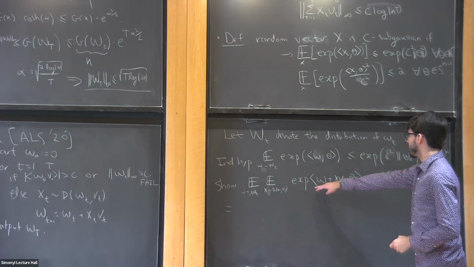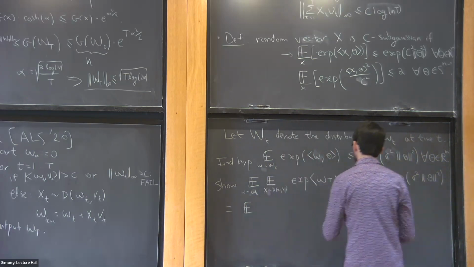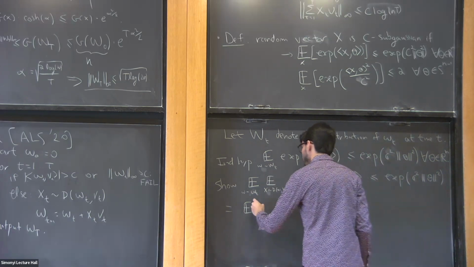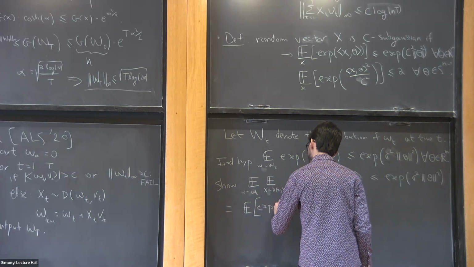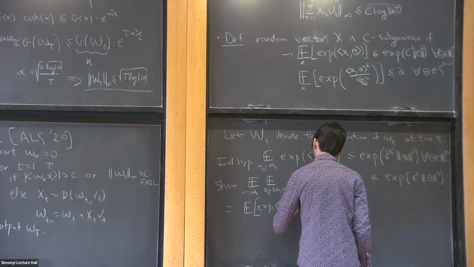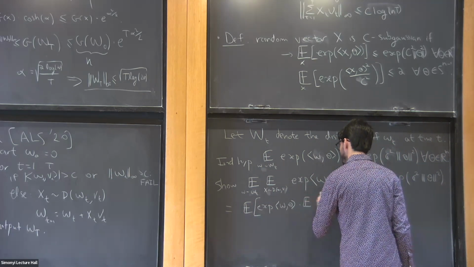Okay, so here's how we're going to do this. I'm going to rewrite this, I can take out the W. And then there's some expectation in the middle.